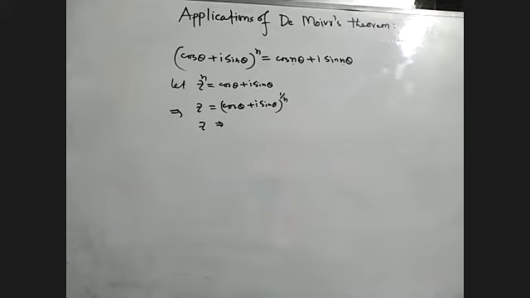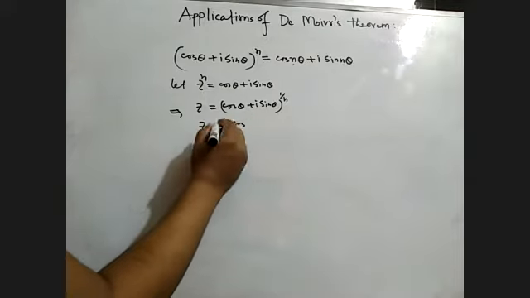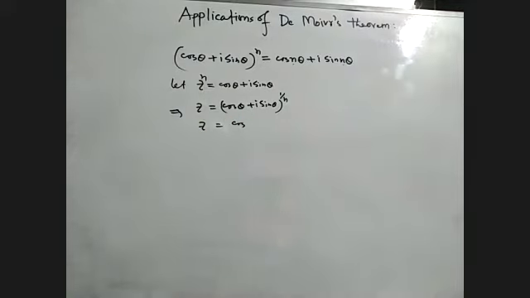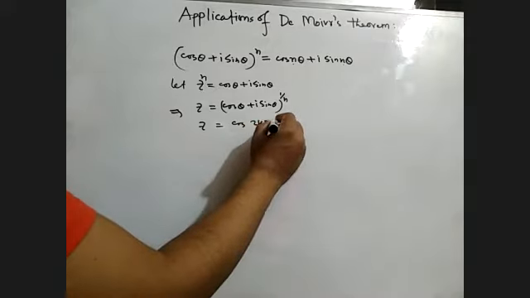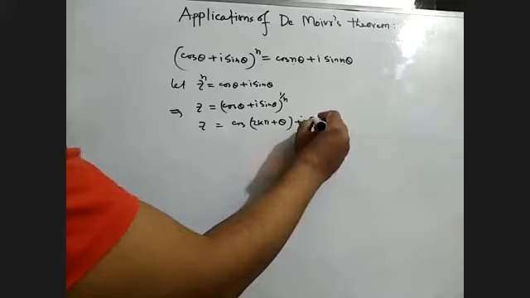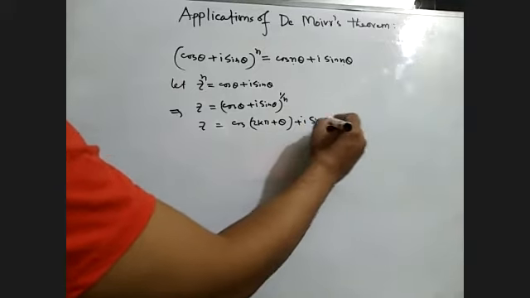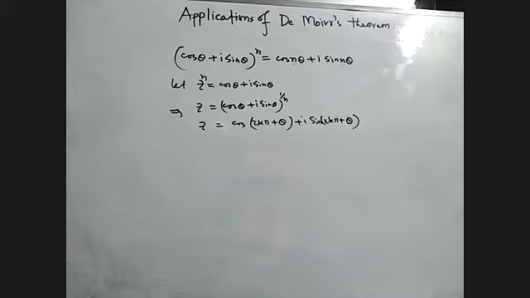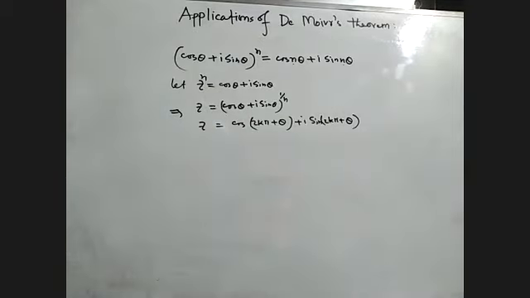And this z can also be written as (cos(2k pi + theta) + i sin(2k pi + theta)) to the power 1 by n, because for 2 pi, 360 degrees, we get the same angle theta.